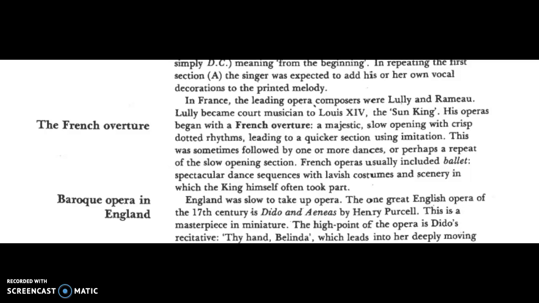That's a dotted rhythm, leading to a quicker section using imitation. This was sometimes followed by 1 or more dances, or perhaps a repeat of the slow opening section, because Louis XIV loved to dance. French operas usually included ballet, spectacular dance sequences with lavish costumes and scenery in which the king himself often took part.